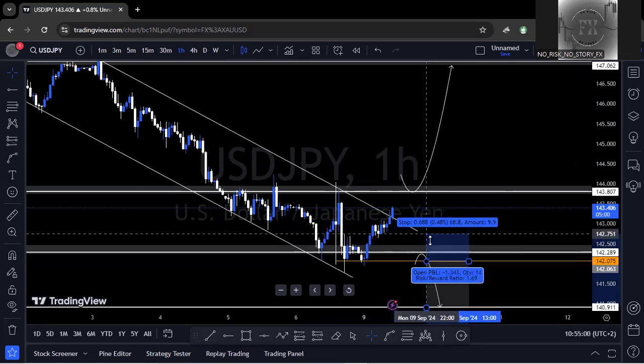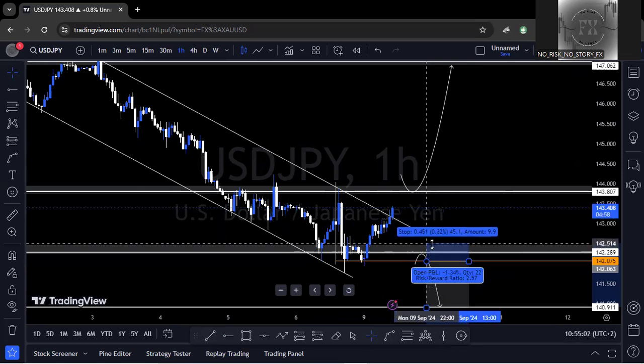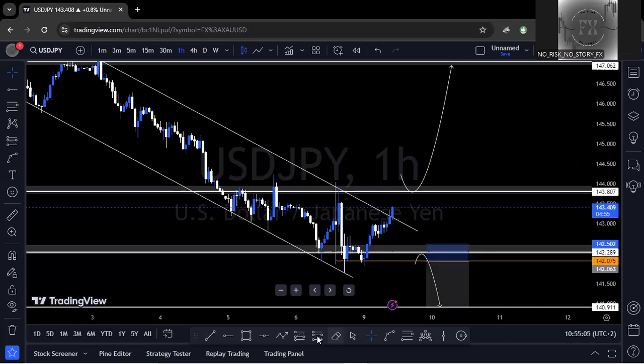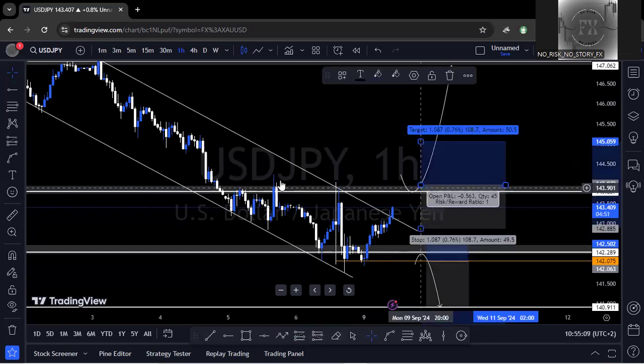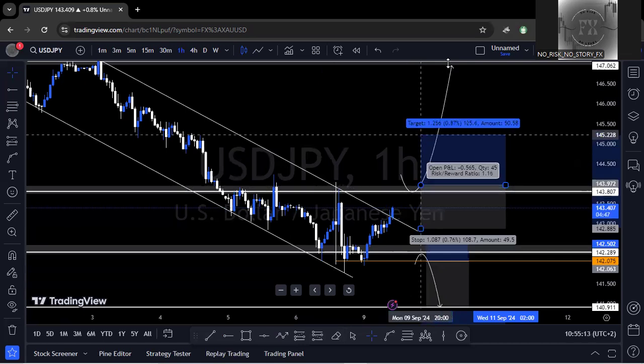Stop loss off here, hopefully. And then for buys, wait for this market to break and retest this zone to then buy the market.